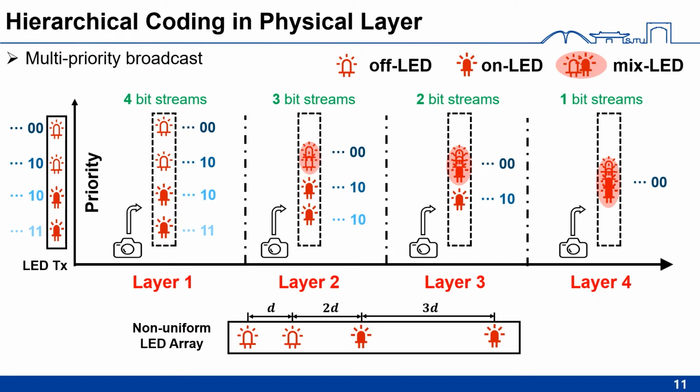And we assume that the 4 LEDs are non-uniformly distributed on a plane, which means that at the receiver side, 4 different mixing states can be observed, that is, 4 layers are generated. To summarize, ONIONCODE adopts a multi-priority broadcast transmission.